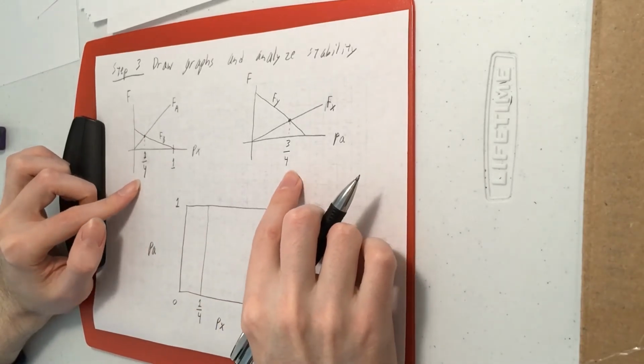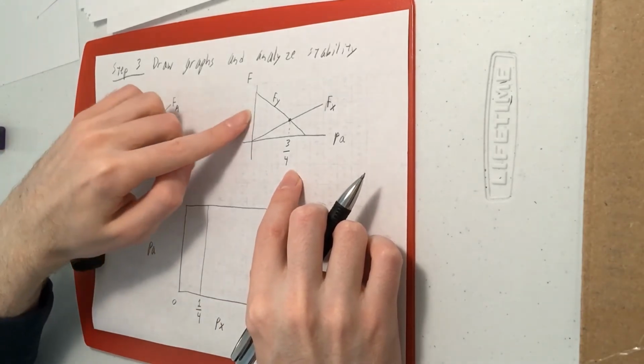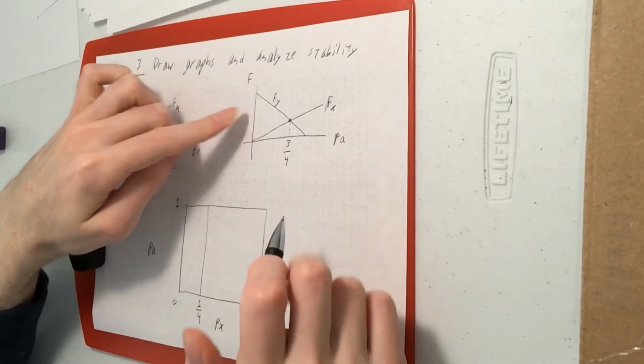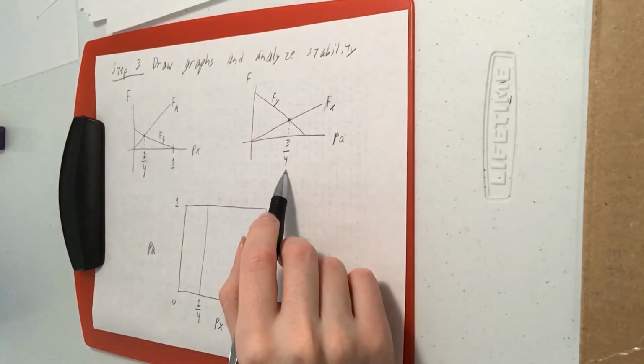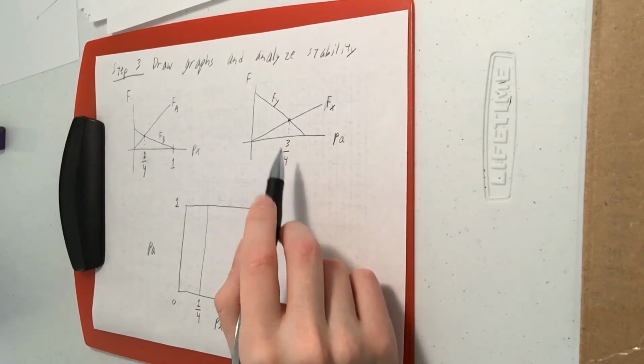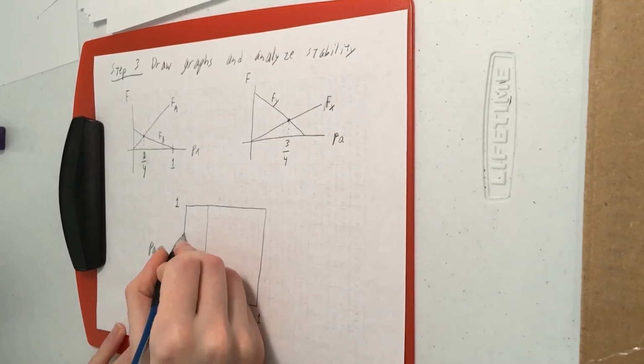We also know that the x and y types are equally fit when PA is 3/4. Same as before, I'm going to draw a line corresponding to that. So 3/4 is around here.